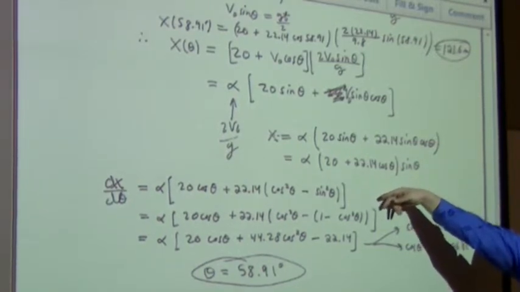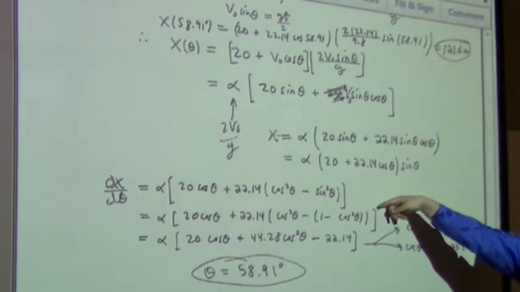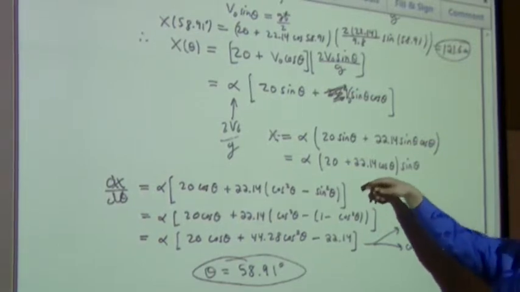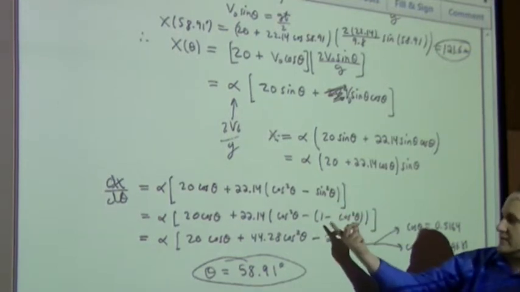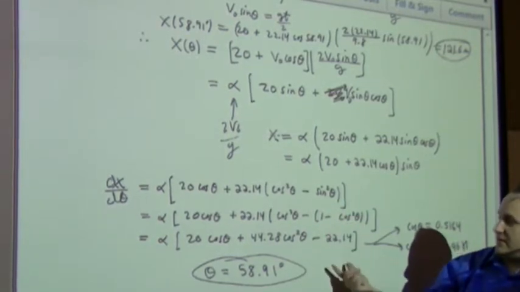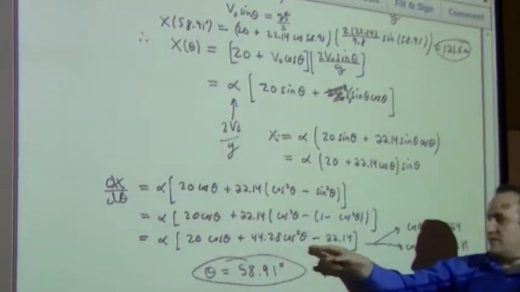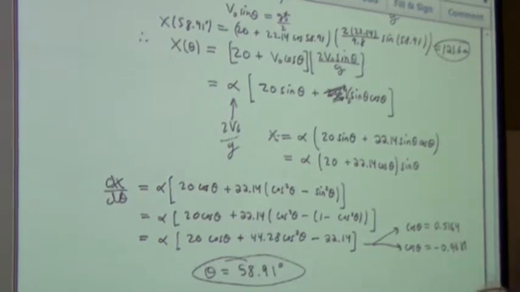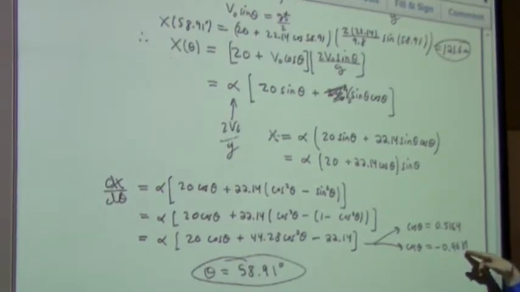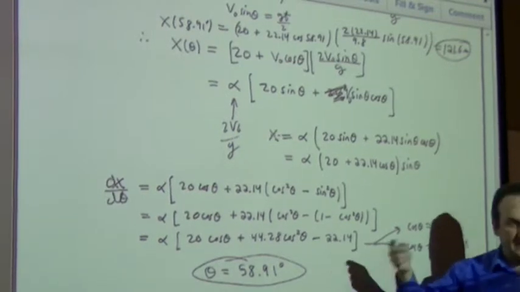I then differentiate that and set it equal to 0, because that will give me the critical angle, the angle at which x is maximized. And when I do that, I end up with cosine squared minus sine squared here. But I can trade a sine squared for a 1 minus cosine squared, which gives me this lovely quadratic equation in cosine theta, which I can then solve with the quadratic formula to tell me cosine theta is 0.516 or minus 0.9681. I choose this one, and that gives me 58.91 degrees.